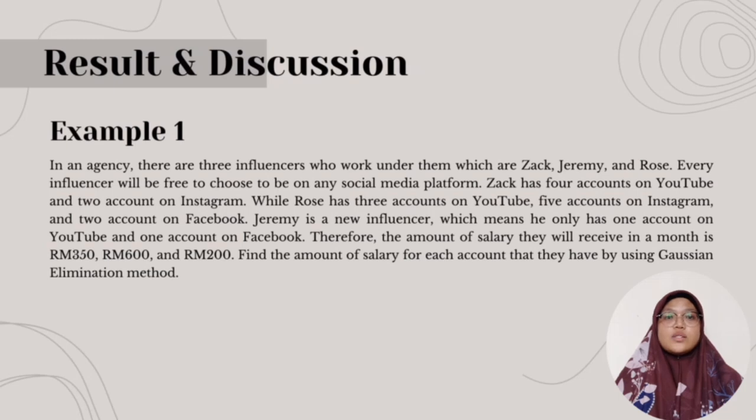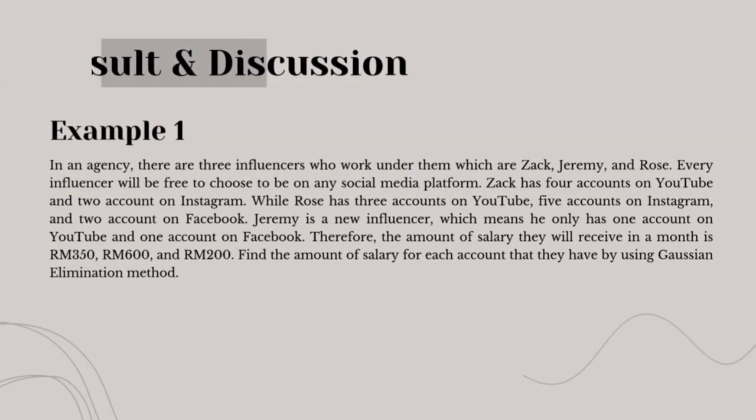Jeremy is a new influencer, which means he only has 1 account on YouTube and 1 account on Facebook. Therefore, the amount of salary they will receive in a month is 350 ringgit, 600 ringgit, and 200 ringgit. Find the amount of salary for each account that they have by using the Gaussian elimination method.